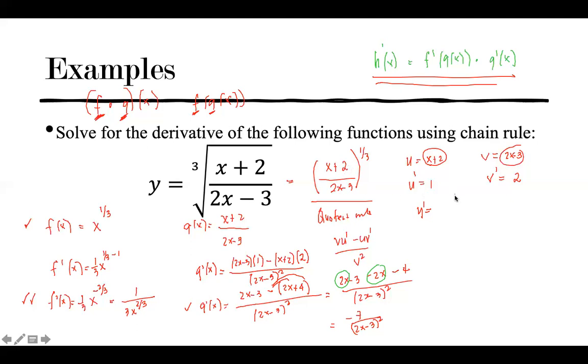So what will happen will be 1 over 3 times our x will be replaced by (x plus 2) over (2x minus 3), because this is our g of x, to the power of 2/3, times the derivative of g. The derivative of g is negative 7 all over (2x minus 3) squared.